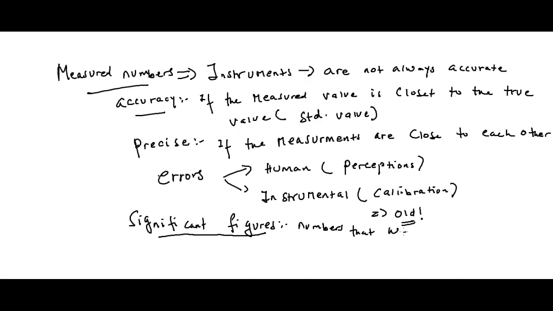For example, we will have 4.075 centimeters. In this case, this is the length of some object, and we basically have 4 significant figures here.